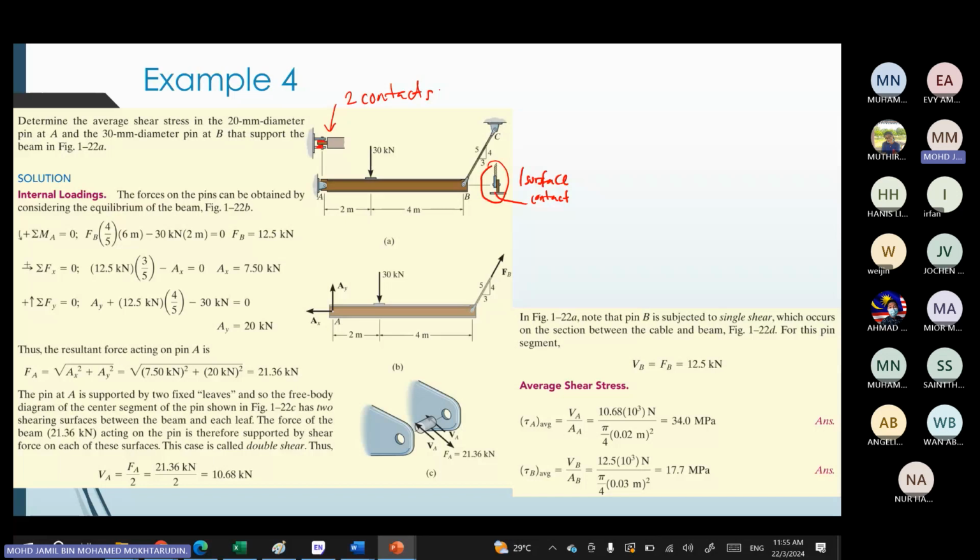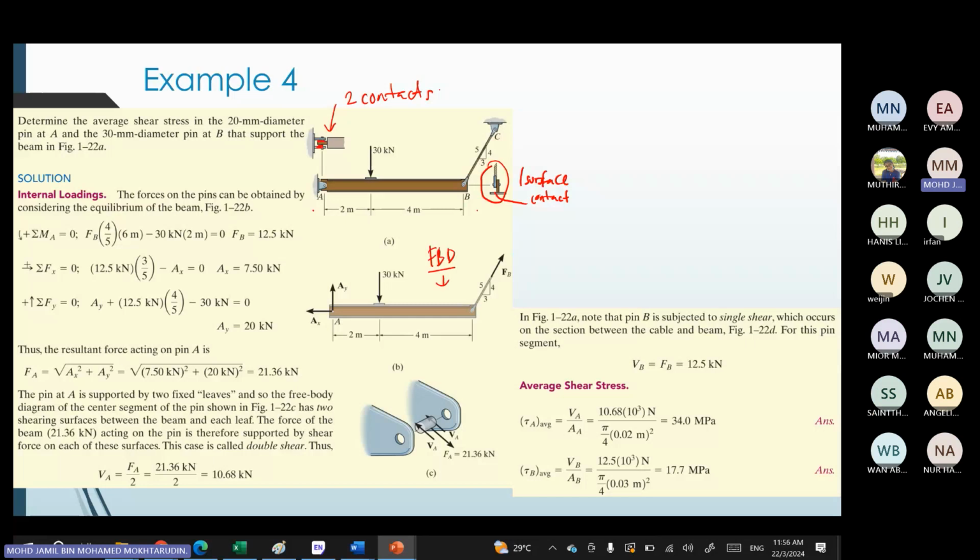Okay, so firstly, you need to determine the reaction forces at point A and point B. This is the free body diagram. At point A, you have AY and AX. At point B, you can use the force member relationship, so FBC and FCB are the same.